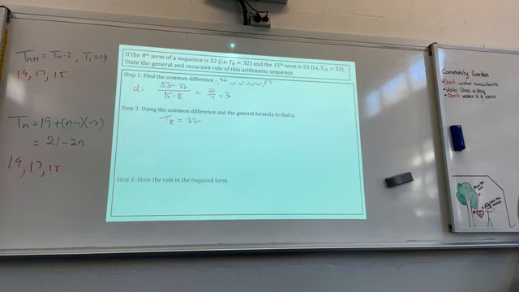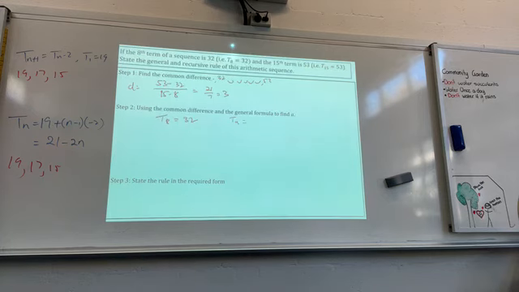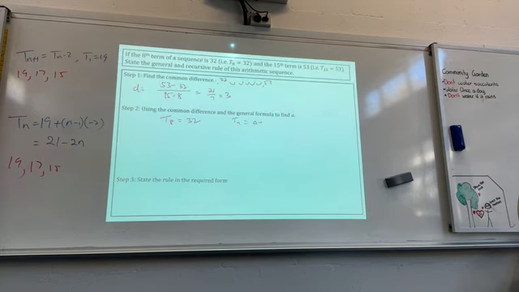Using Tn equals a plus n minus 1 times d, 32 equals a plus 8 minus 1 times 3. Do you agree? So 32 equals a plus 24. A is therefore 8. We found that.